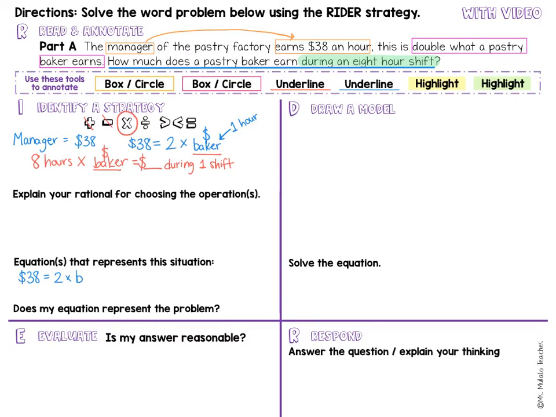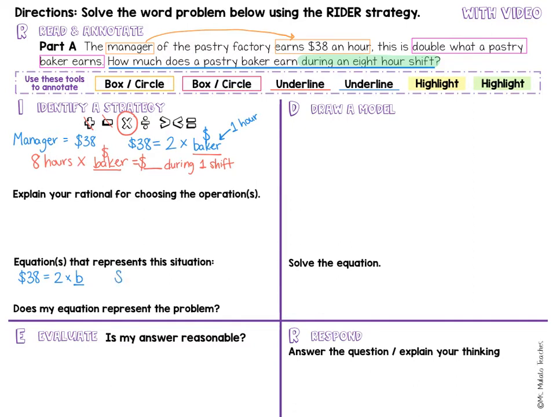Well, if we have one of our factors missing of 38, we can always use the inverse, division, to figure out what this B will represent.